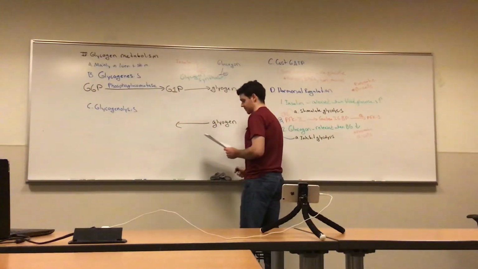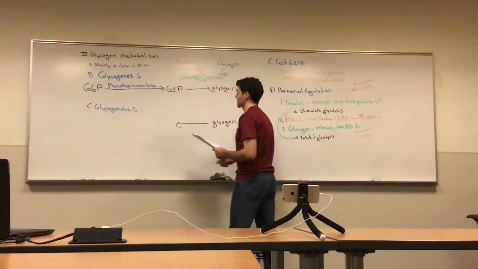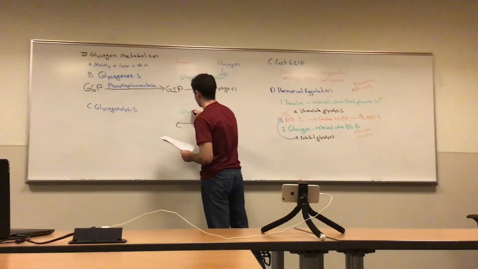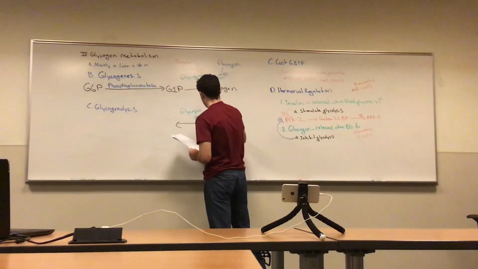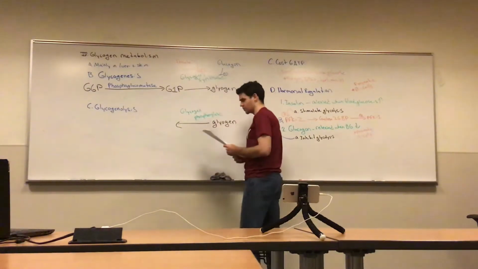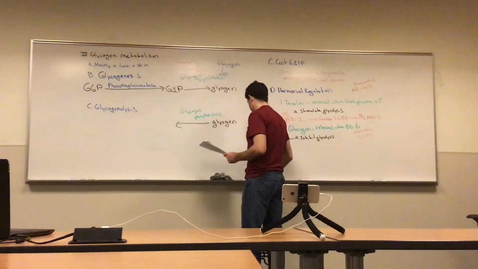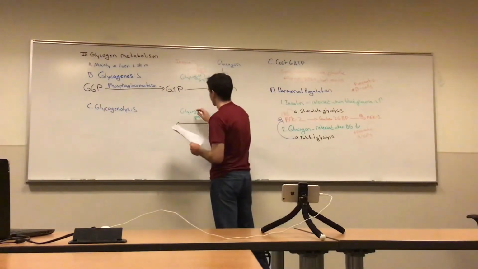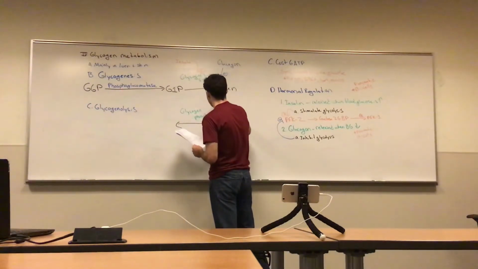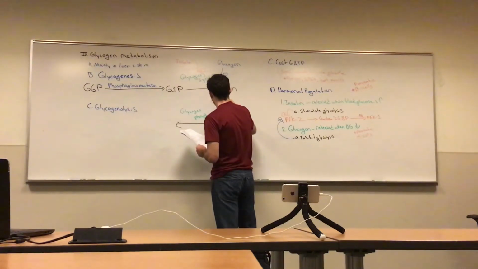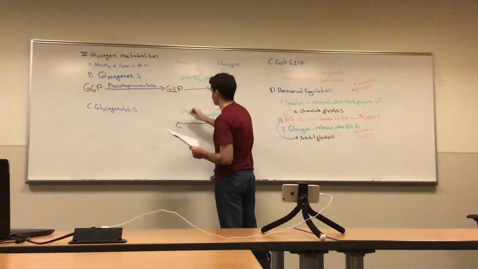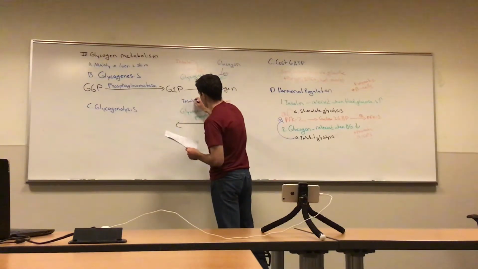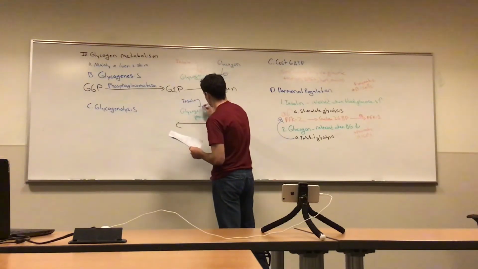Then we have the enzyme glycogen phosphorylase. And for this one, glucagon stimulates, and insulin will inhibit.